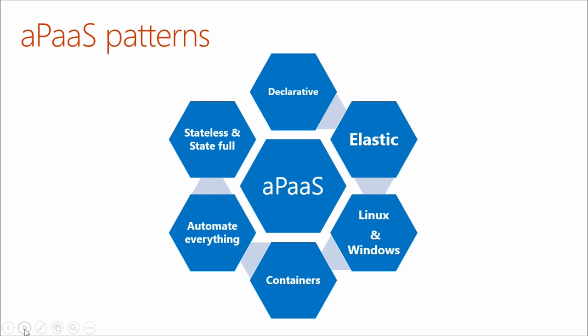There are a few patterns that application platform as a service uniquely identifies with, right? And I've identified the key distinguishing patterns. Elastic is this notion of I want to be able to scale transparently from 0 to 1,000, right? You are building for a cloud environment and you are building cloud native apps that are taking advantage of the cloud economics, both in terms of pricing elasticity, so you only pay for what you use, and also keeping up with customer demand.